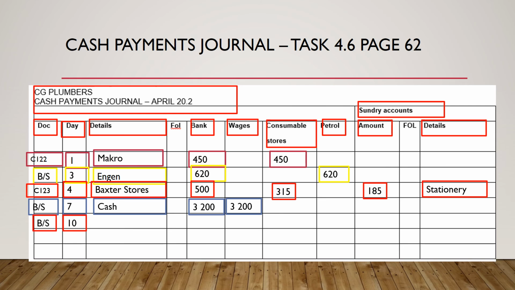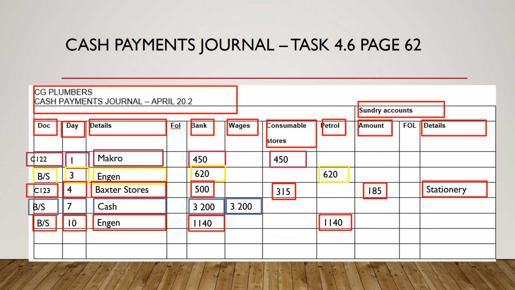We bought the petrol on the 10th. We paid Engen, that's why Engen is in our details column. And we gave them an amount of 1,140, which means that 1,140 decreases our bank and 1,140 is for petrol.